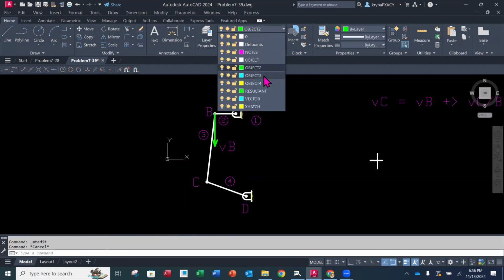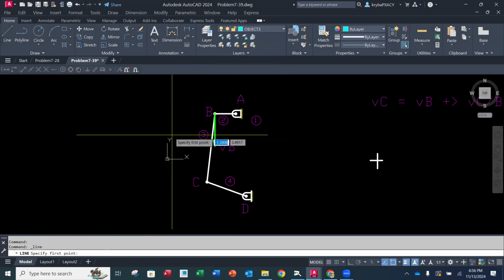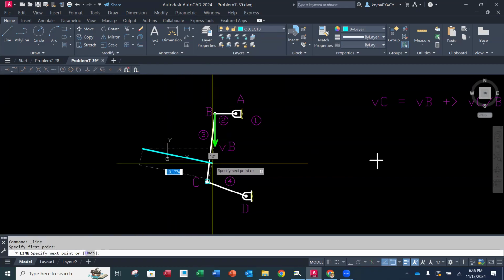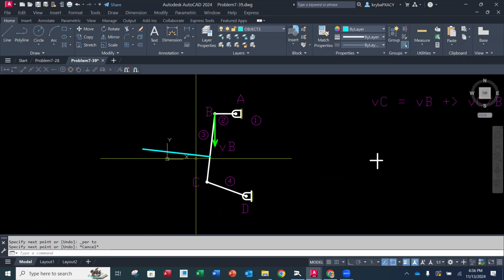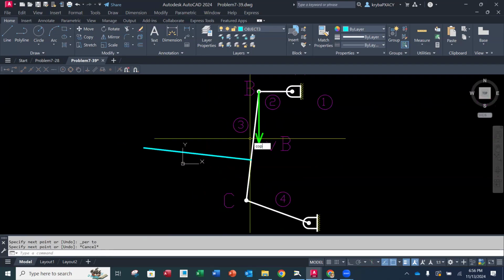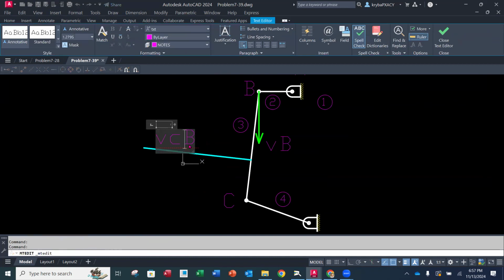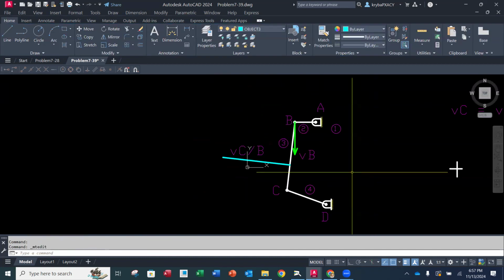Then I'm going to change to object 3, and I'm going to draw a line out here, random, and it's going to be perpendicular to link number 3, okay? And this is going to be the line of action for the velocity of C relative to B, okay?